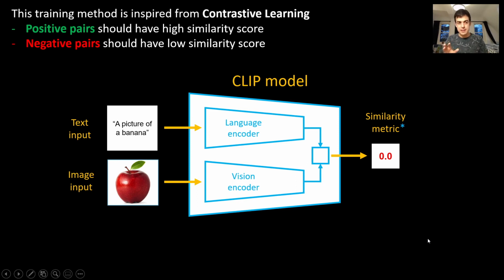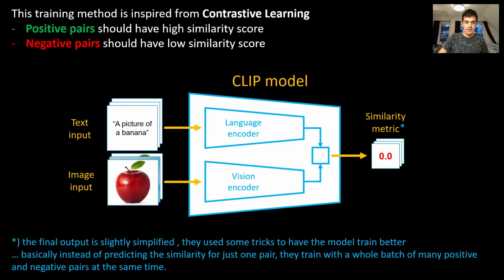Something like this is called contrastive learning, where you have pairs of samples and you want the ones that correspond together to be pushed closer to each other, and the ones which are not the same to be pushed away from each other. And there's some more complication in the way this is being trained.